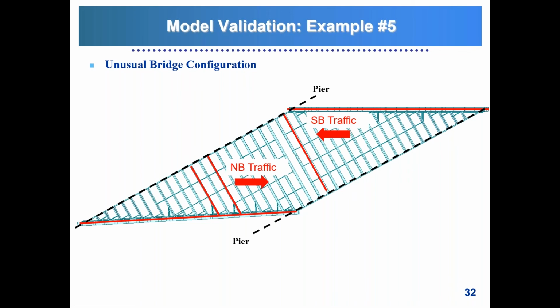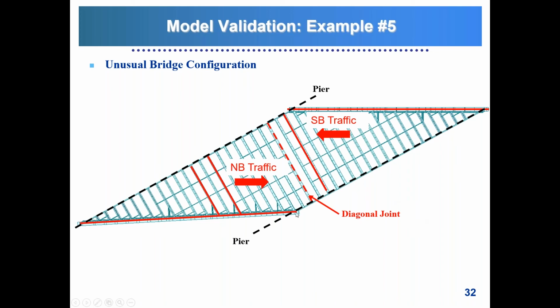So the most unusual configuration of this bridge is that we have a diagonal joint running along one of the floor beams. So this bridge, when it was designed years ago, it was designed so that the left side of that joint expands this way, and the right side of that joint expands this way.